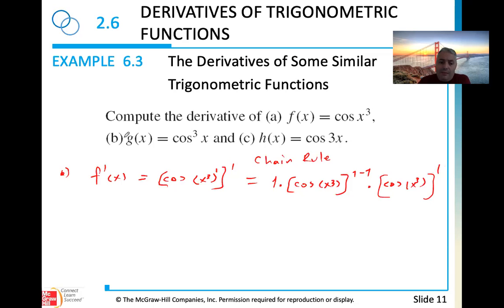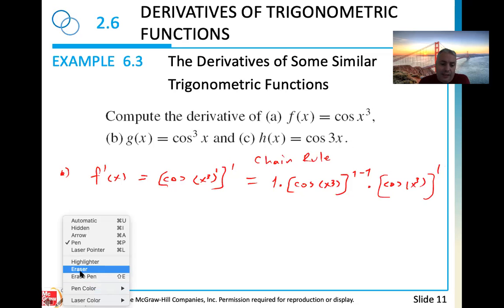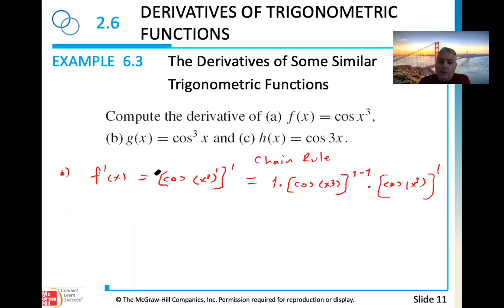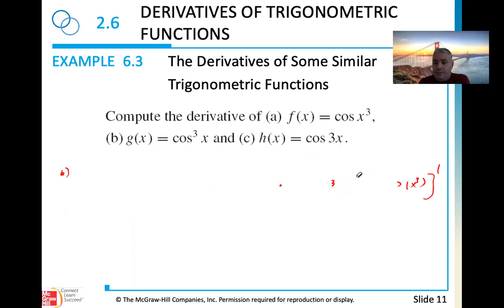But instead of writing this, it is better to do this one. Still, the power is only for x, so we can't use the chain rule. For that reason, I want to change.